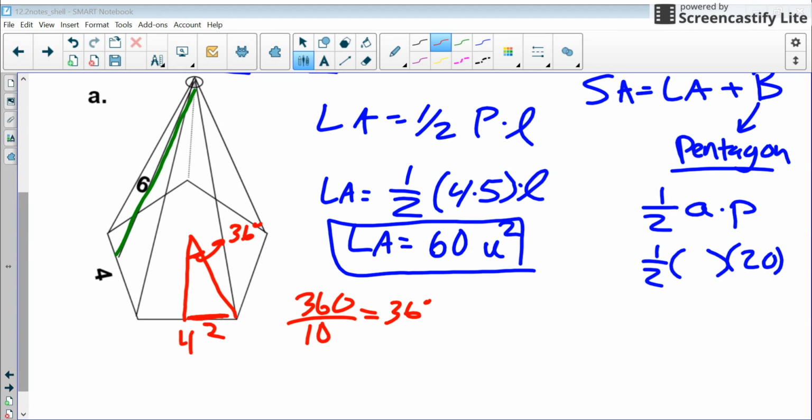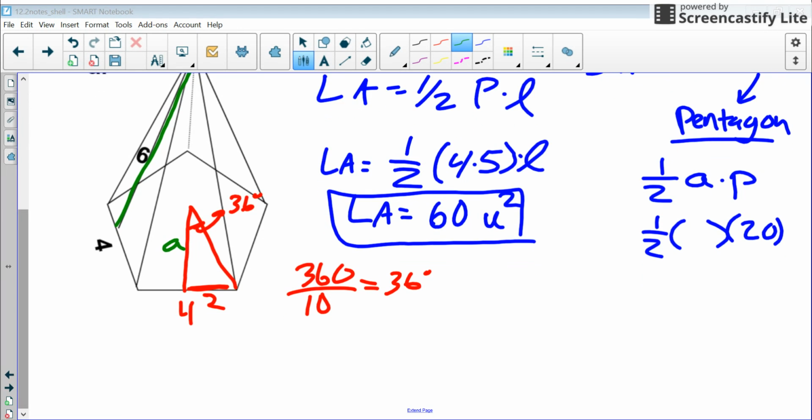We know that side's 2, and we want to find our apothem here. So I'm going to set up a tangent problem. Make sure we have enough room here. So tangent of 36 equals 2 over A. Solve for A. We should get right around 2.7.